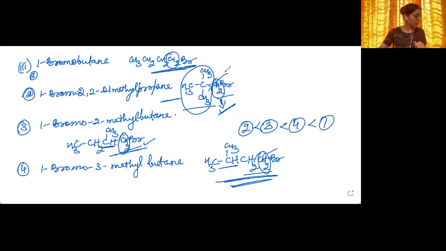Okay, so let's now move into the next question. Question number 17. I'm just clearing the screen off. Question number 17 is 10.17. We have been given benzyl chloride, C6H5CH2Cl, and another molecule.